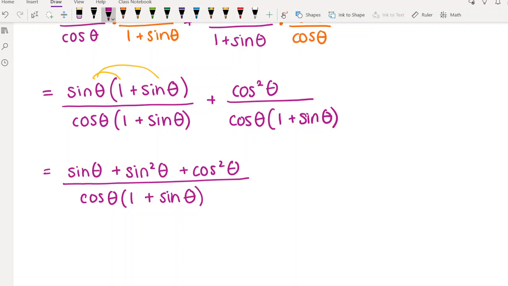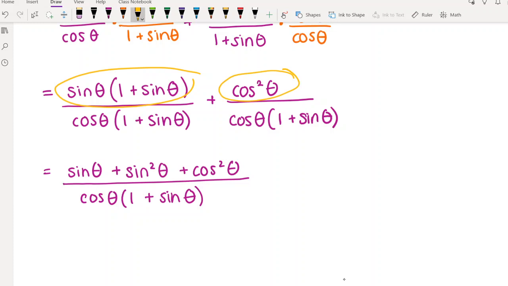So notice I'm not distributing the denominator. Why did I choose to distribute in the numerator? Well, I noticed that we're adding a cosine squared of theta, and that if you distribute, you'll get a sine squared of theta.